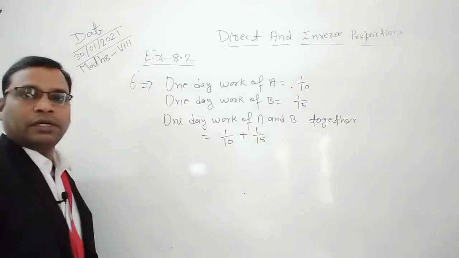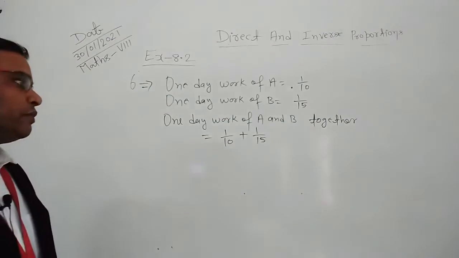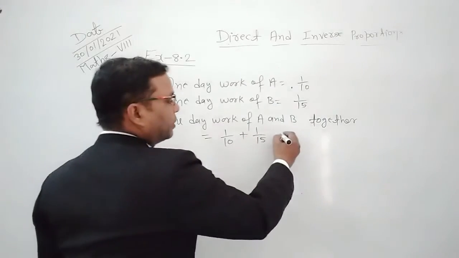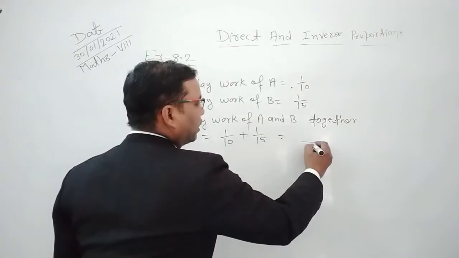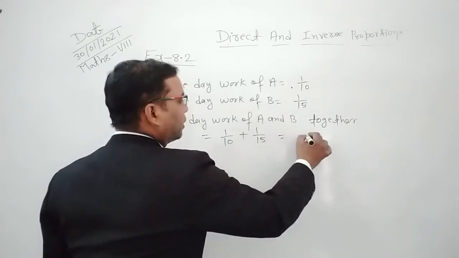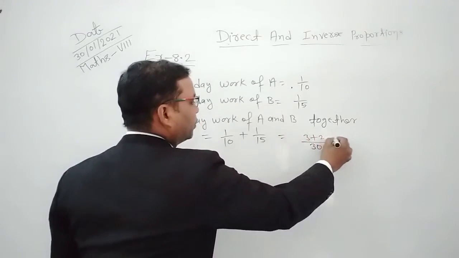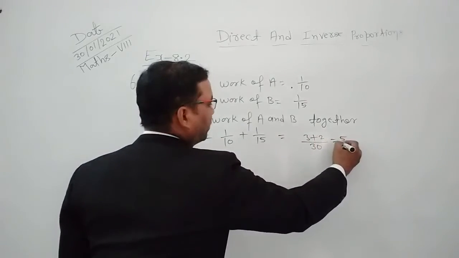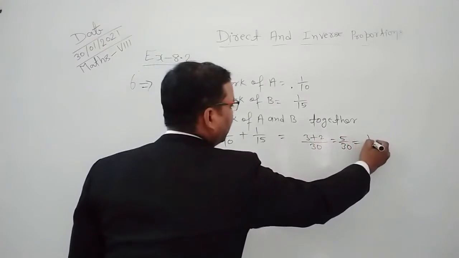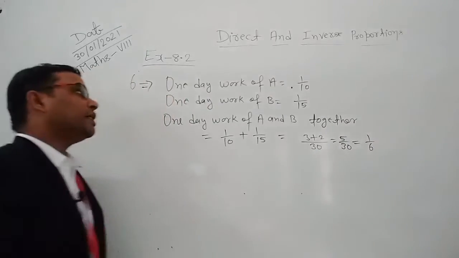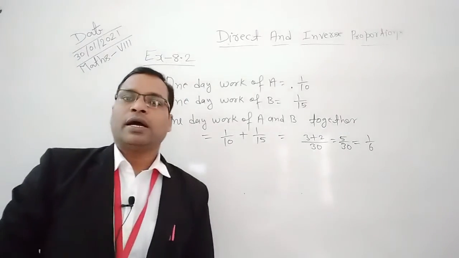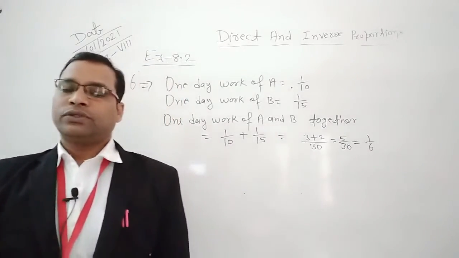Clear? Okay. So here we take the LCM. Obviously the LCM is 30. So here you get 3 plus 2, which is equal to 5 by 30, or you can say 1 by 6. This is the 1 day work of A and B together.